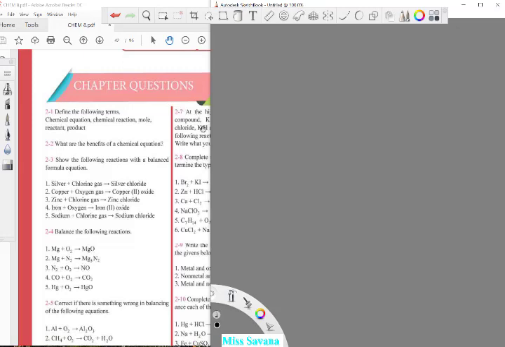Now the next one is zinc plus chlorine gas. Now you remember chlorine gas is also one of these diatomic ones, with 2. Okay, and you have zinc chloride, the compound zinc chloride. Now zinc oxidation state is +2, Cl oxidation state is -1, so it does not equal 0.